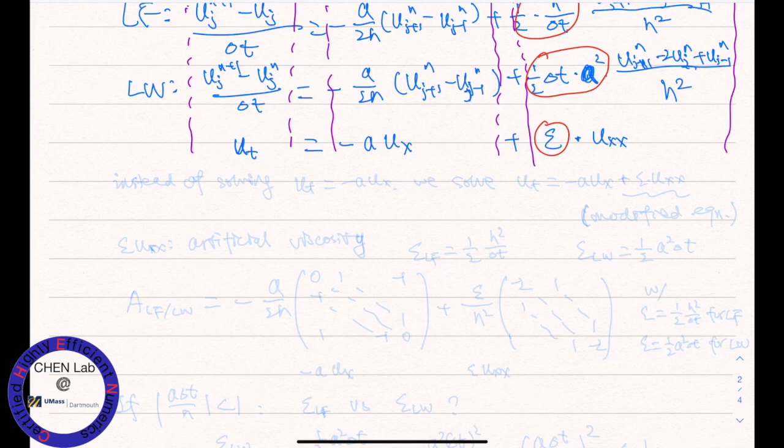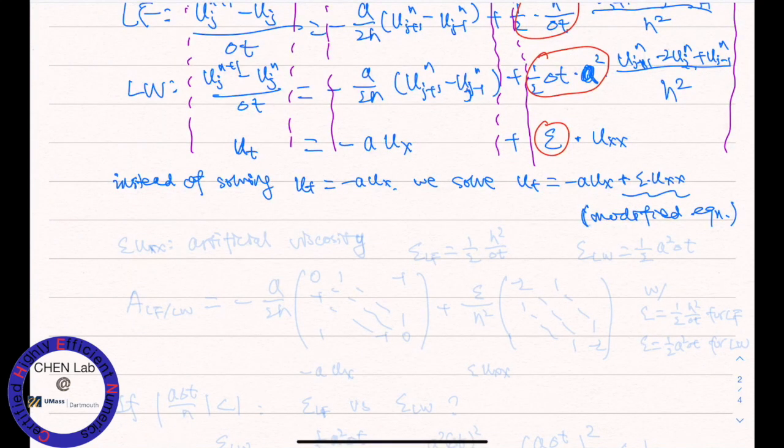So these two schemes, instead of solving the advection equation u_t equals negative a u_x, actually solve u_t equals negative a u_x plus epsilon times u_xx. This is the so-called modified equation.